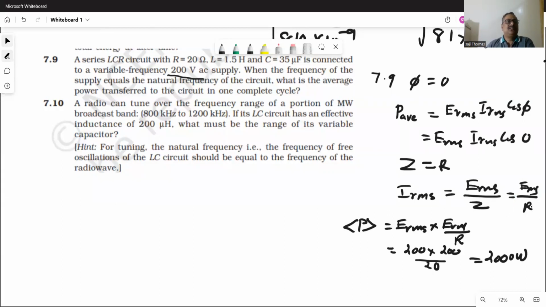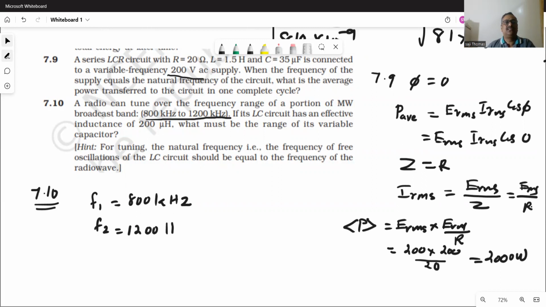Then we will do question number 7.10. A radio can tune over the frequency range of a portion of the medium wave broadcast. Two frequencies are given, a range of frequency. The first frequency, the lowest one, F1 is 800 kilohertz. F2 is 1200 kilohertz.